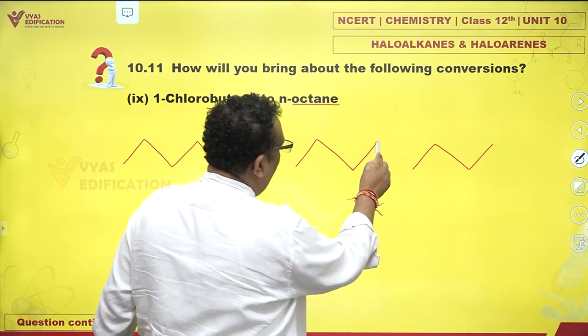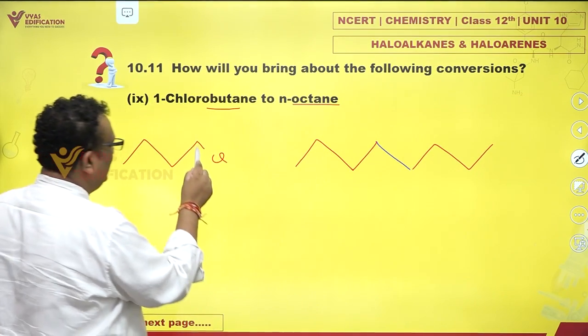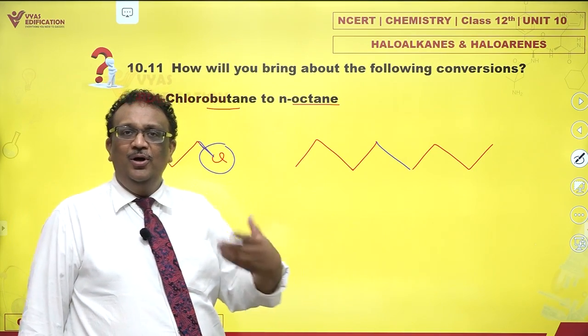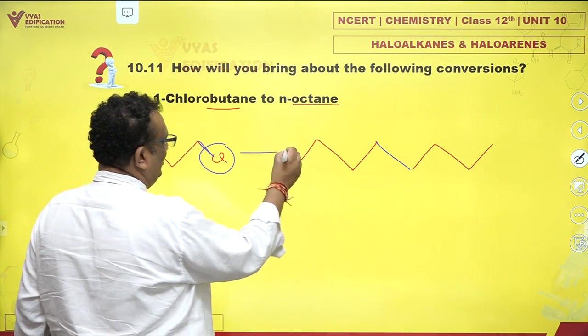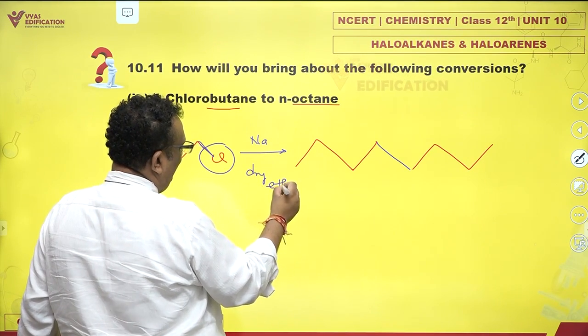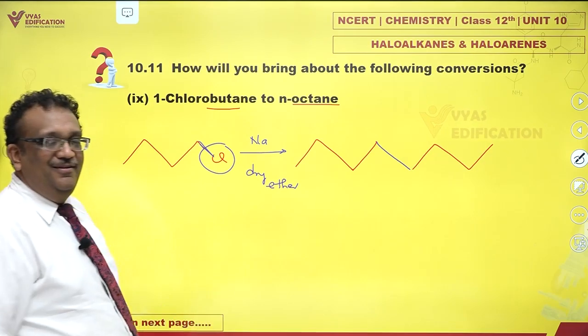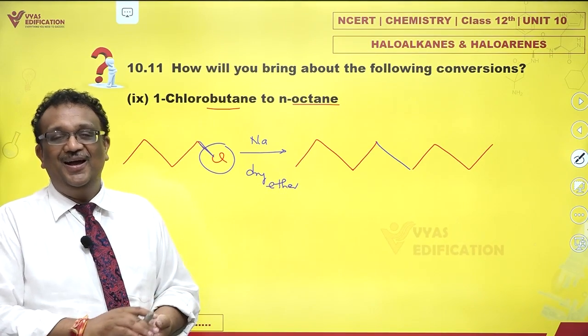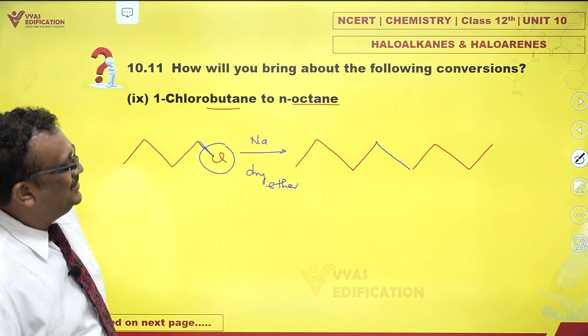You're forging this new bond, you're removing Cl and making a carbon-carbon bond. This is the classic Wurtz reaction. You add sodium in dry ether. One step, clean, and you get n-octane from 1-chlorobutane. As simple as that.